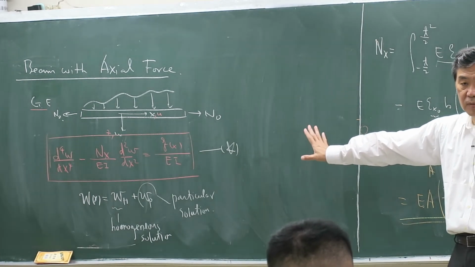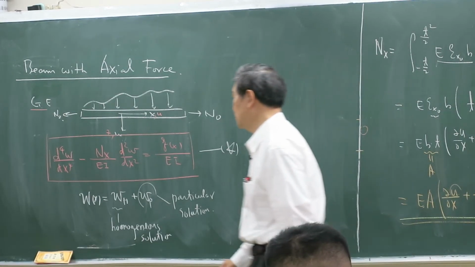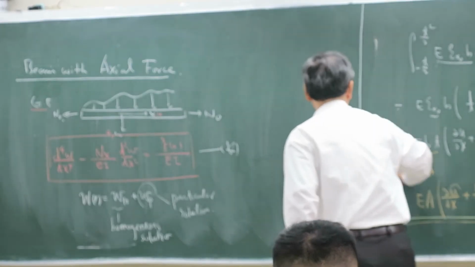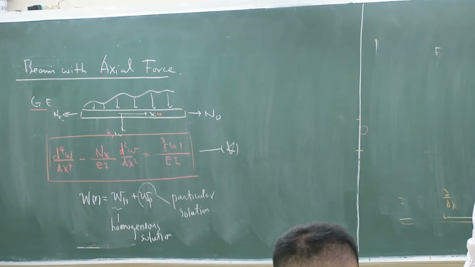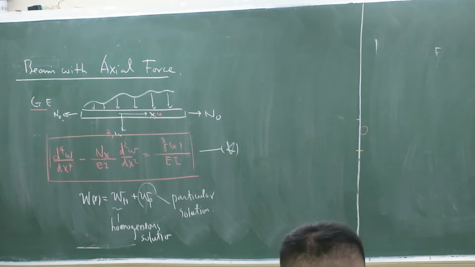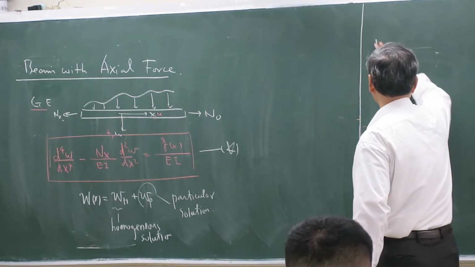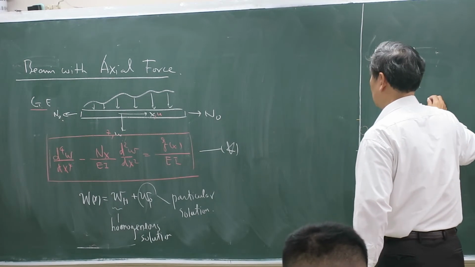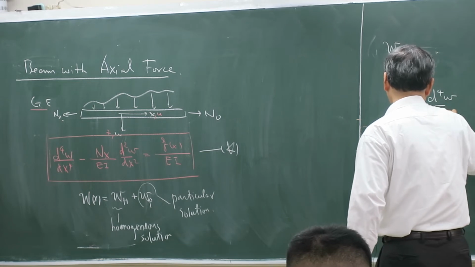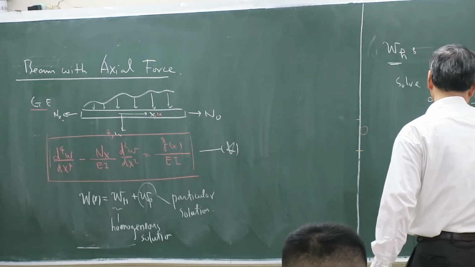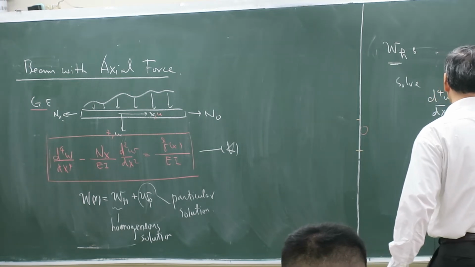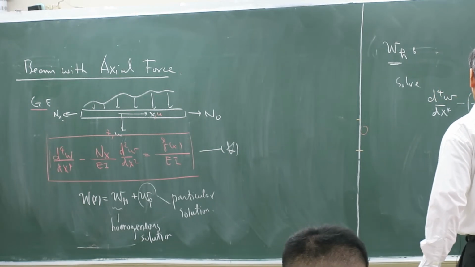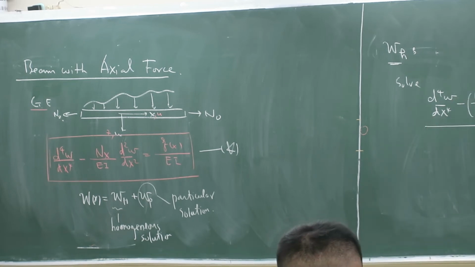We have to solve the homogeneous solution first. So for the WH, we solve d^4W/dx^4 minus Nx over EI times the second derivative equal to 0. Okay? No Q, 0.